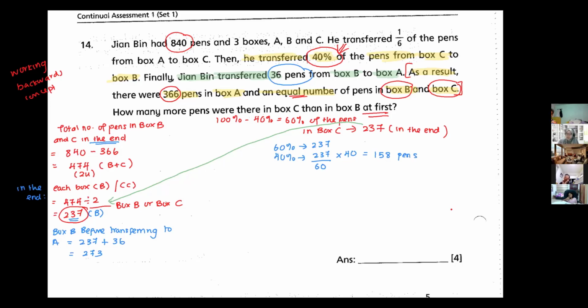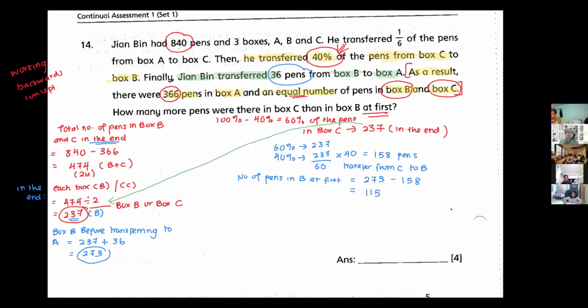This 158 pens is the 40% that I transfer from C to B. Just now, from B, we have 273. So number of pens in B at first equals 273 minus 158. Before I was given from C, I don't have that 158. So I'm left with 115.